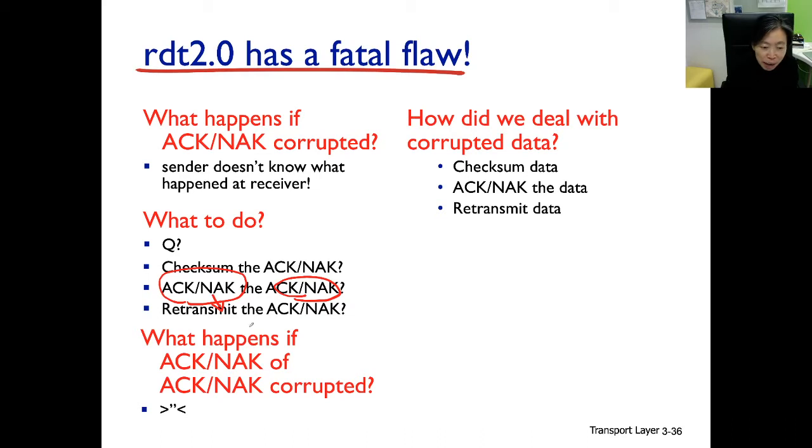Exactly. What happens if the ACK NACK of the ACK NACK gets corrupted? Okay, so you have a circular dependency there, and the problem never gets solved. So alternative thinking coming next.